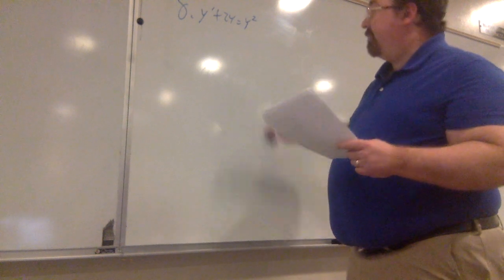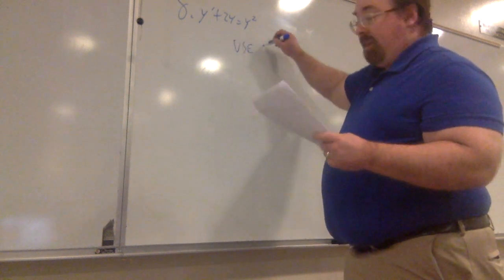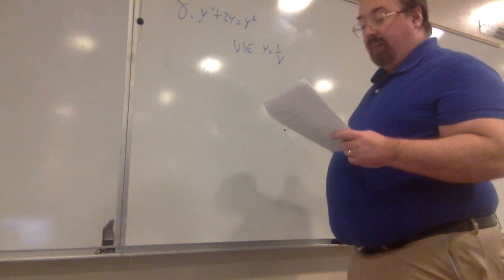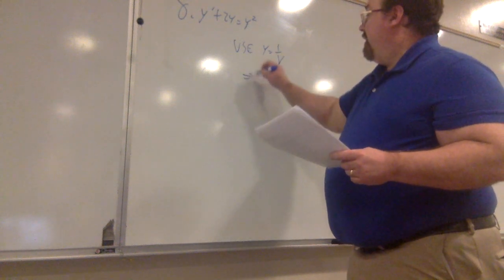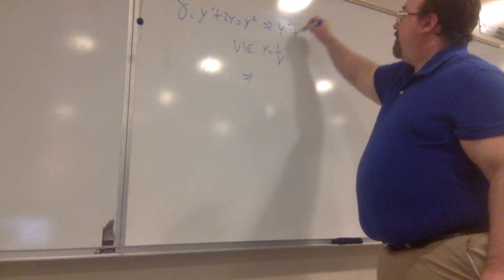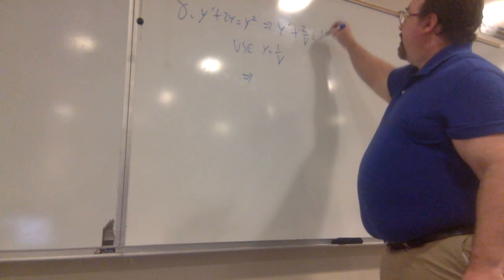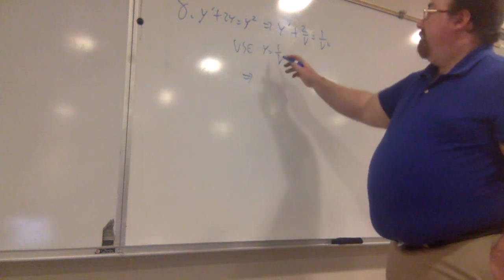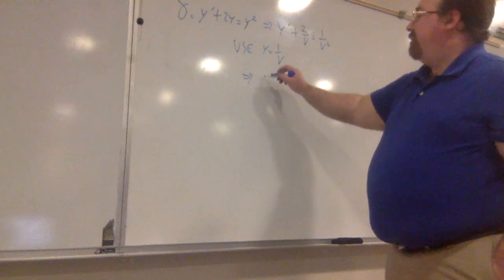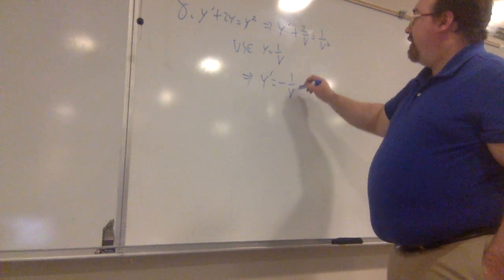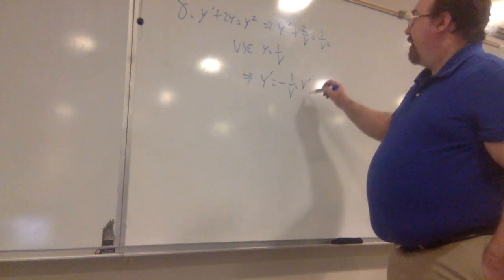So I gave you a substitution. y is equal to 1 over v. And the thing is, what you get from using the substitution is y prime plus 2 over v equals 1 over v squared. But then you have to replace the y prime. So what I could do is say y prime is equal to minus 1 over v squared times v prime.